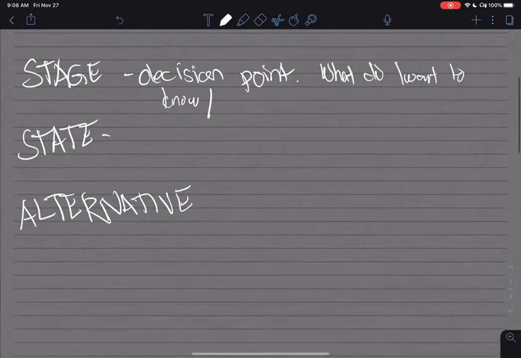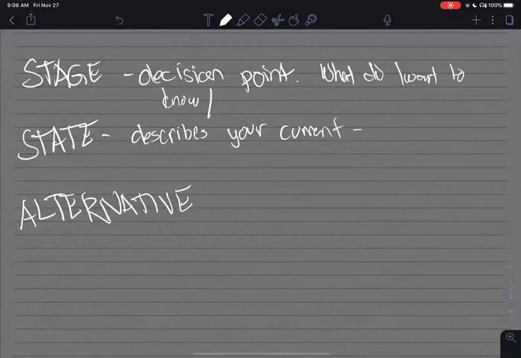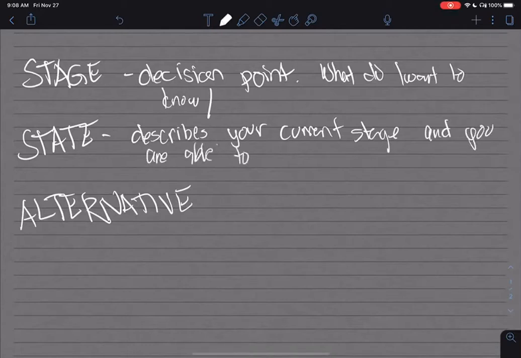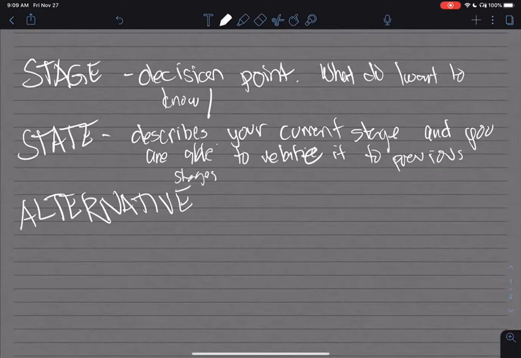A state is if you are able to construct your problem in a way that it describes your current stage and you are able to relate it to previous stages. So if I can define a state now, say stage three, my concern is weight.